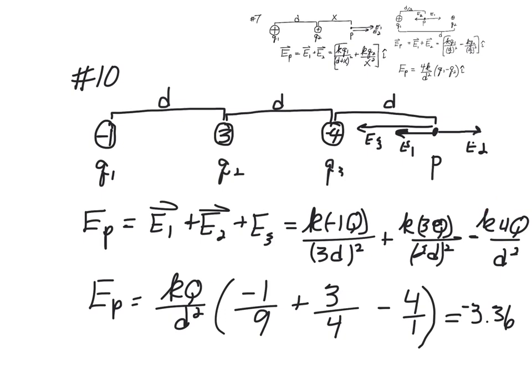And so I can factor the K, Q, and D squared out of all terms, and that leaves behind 1 over 3 squared, 3 over 2 squared, and 4 over 1 squared. The 1 is squared, the 4 not. Yeah. And so you have a negative 4, a positive 3/4, and a negative 1/9, and you get a negative 3.36. And that's the answer to 10.